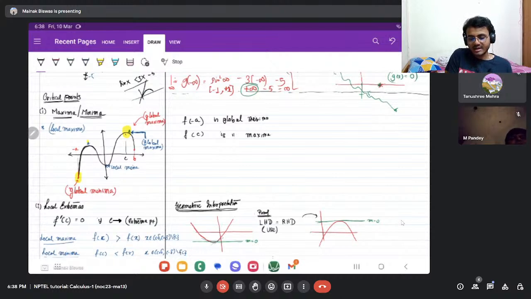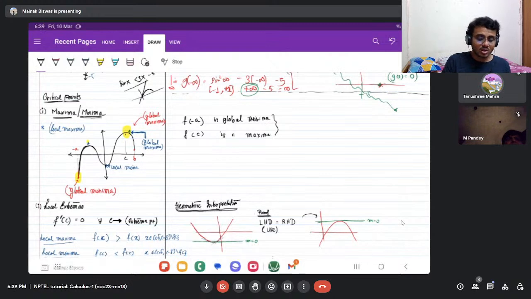Simply from the diagram you can say that is the maximum value that the function can take. There's no definition required, the word says everything about it. The maximum value the function can take is the global maxima. The minimum value the function can take is the global minima.